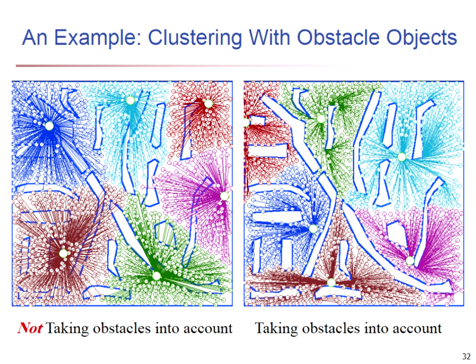The first figure, on the left, does not take obstacles into account. The second one, on the right, takes obstacles into account. So we can see the difference between the first result and the second result. Is it clear?